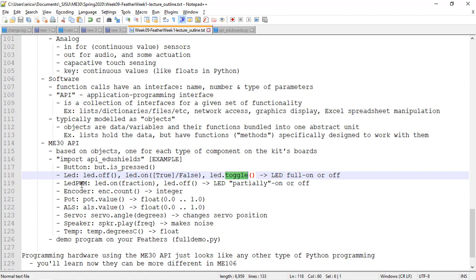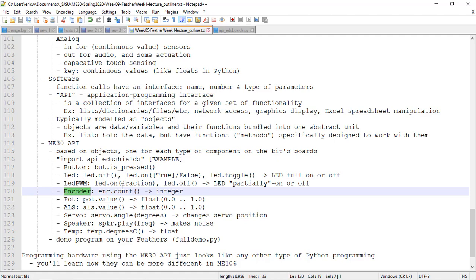So LED PWM, I don't know if I want to go too much into this, but it's basically a way of taking the LED and turning it on at a certain level of on or offness. So it's a dimmable LED. You give it a fraction from 0 to 1, if I remember correctly, as to how bright you want it. The encoder, I'm not sure if you've dealt with this in the lab or not, returns the current count as to how far you've turned it clockwise versus counterclockwise, as an integer.